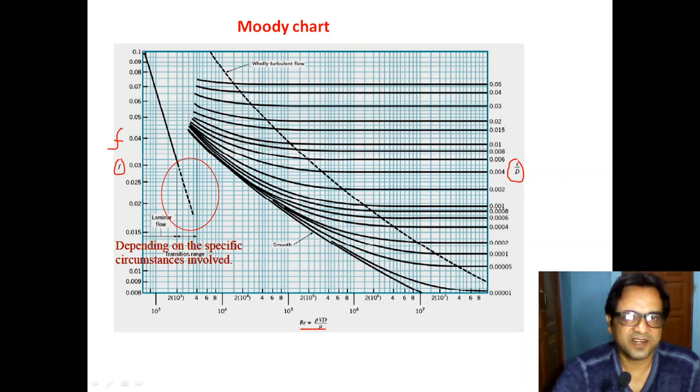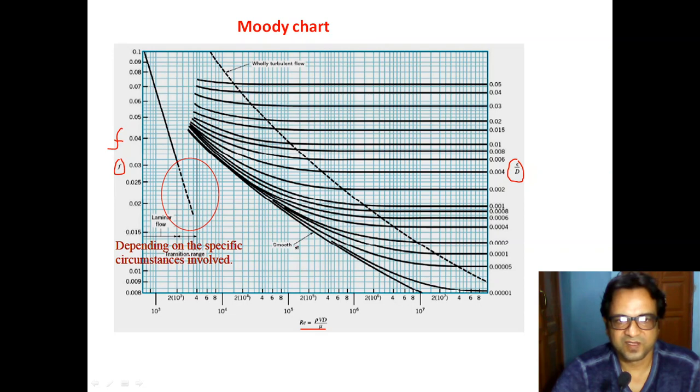So this is a straight line because for laminar flow the friction factor is 64 by Re, so it is inversely proportional to the Re value and it's a straight line. So from this line we can get the friction factor for any value of the surface roughness, and this dotted line is for fully turbulent flow. If you know the Re value and epsilon by D, then you can find out the F value for the turbulent flow.